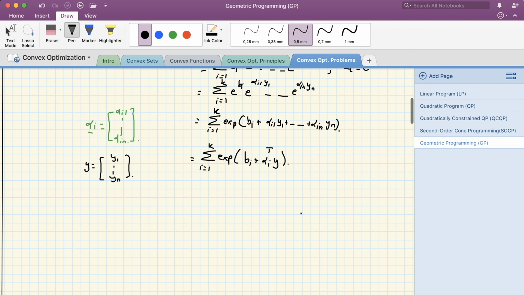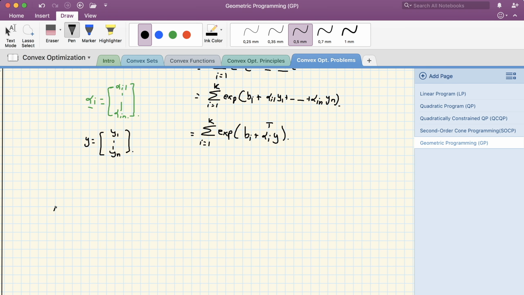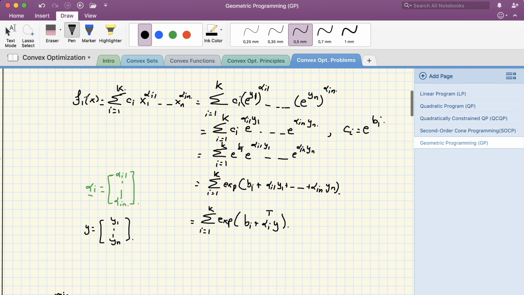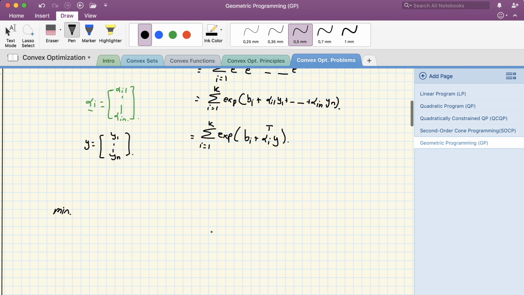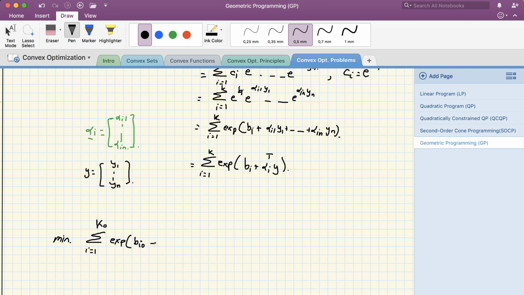And therefore my problem could be stated as: minimize, so all my f_i's have this form, so I'll just replace, I'll get a sum i from 1 to, now to distinguish the orders, because not all the f_i's have the same order, I'm just going to say k_0 order for the cost. So here, exponential of b_i0 plus alpha_i0 transpose y.